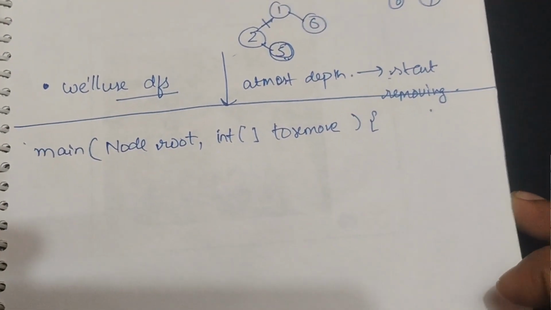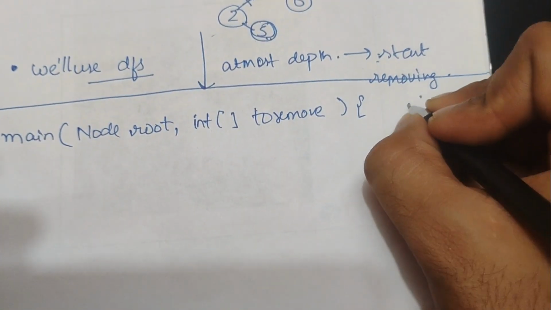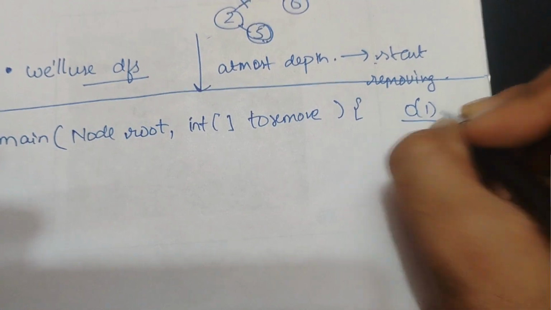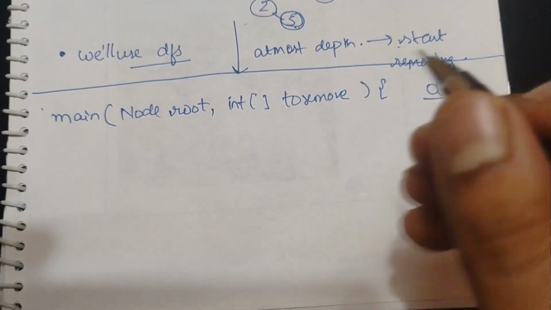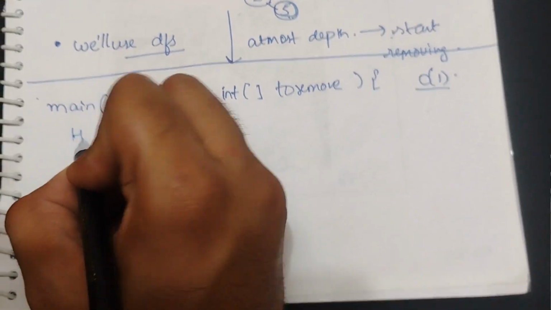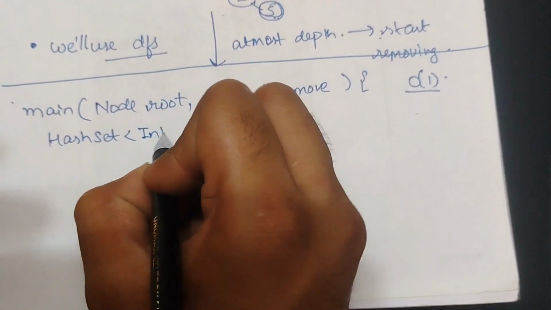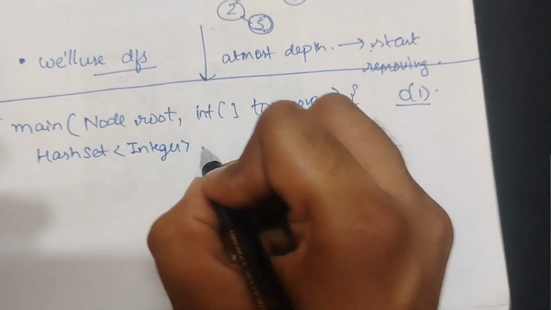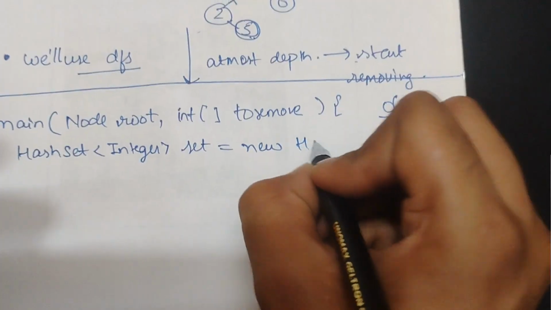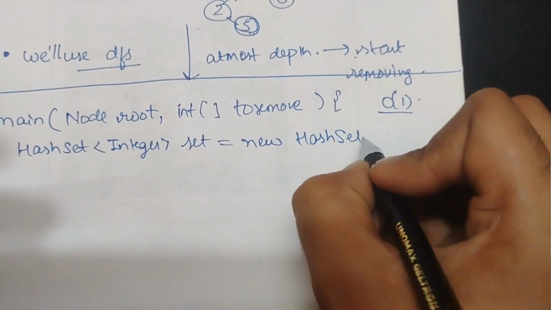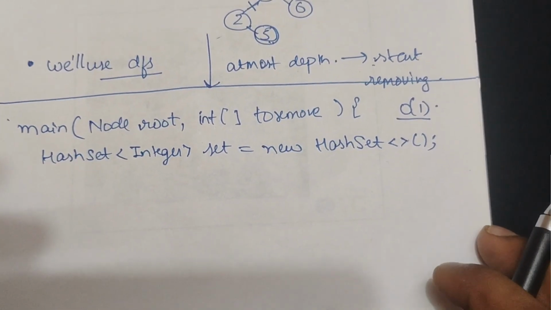So I want another data structure which will give me the answer whether it is present in O of one time. For that I will use a set over here. I'll initialize a set with integer type, set equals new HashSet. This is how we make a set in Java.